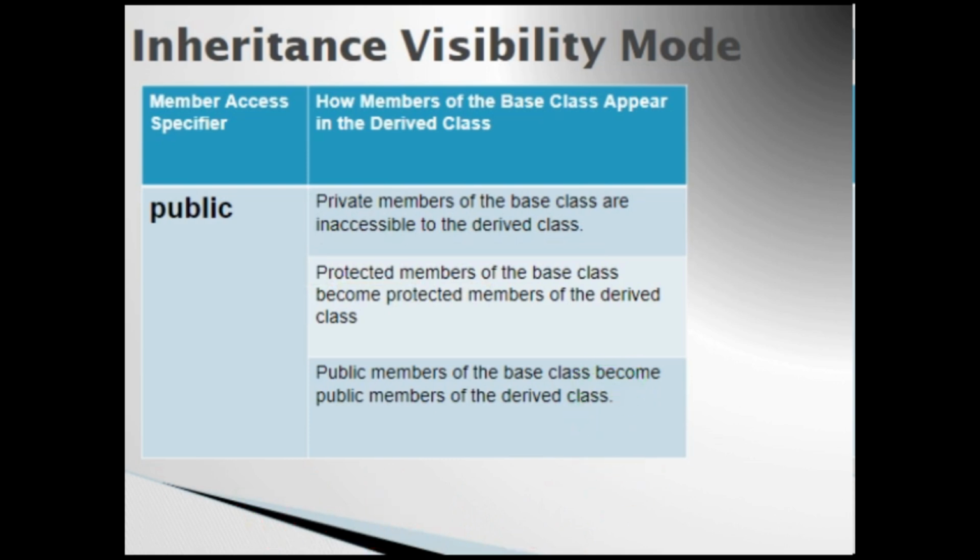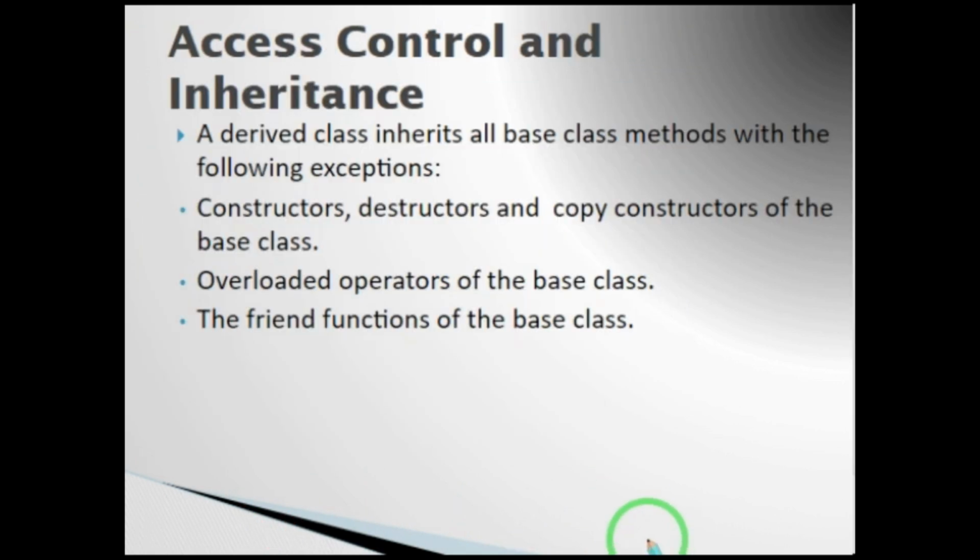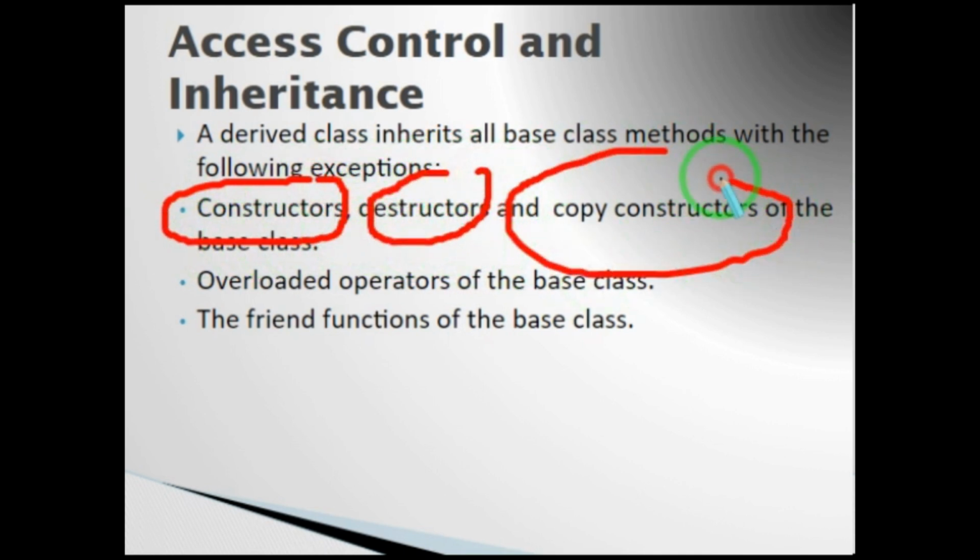Done? Okay. So a derived class inherits all the base class methods with the following exceptions. This is all about the data variables. What about the member functions? So constructor, destructor and copy constructor do not get inherited in a derived class.